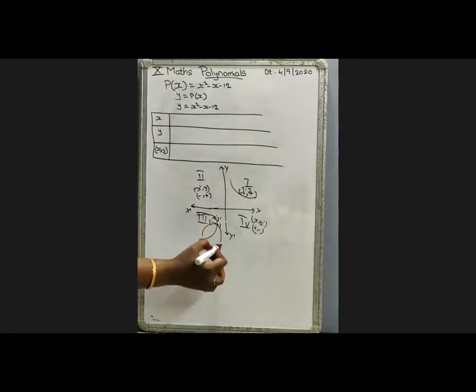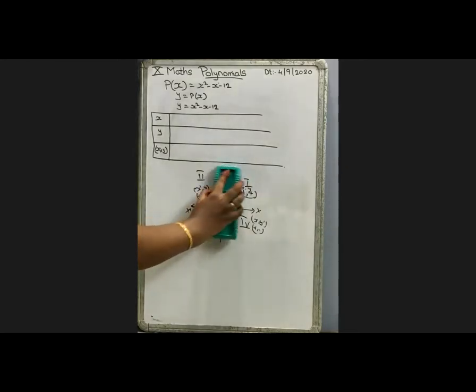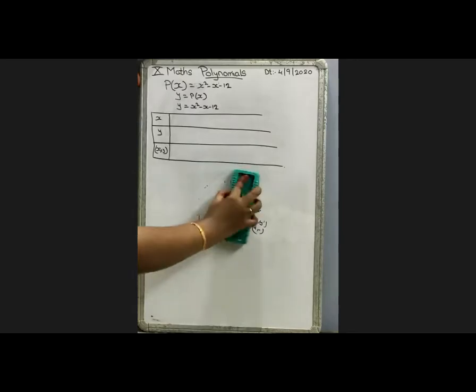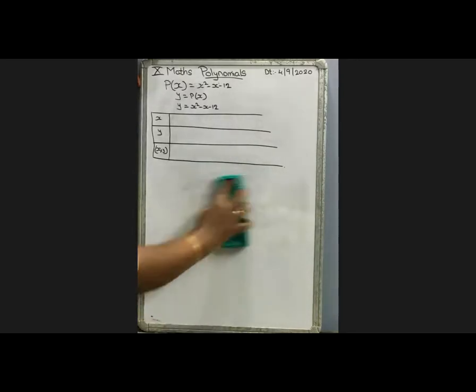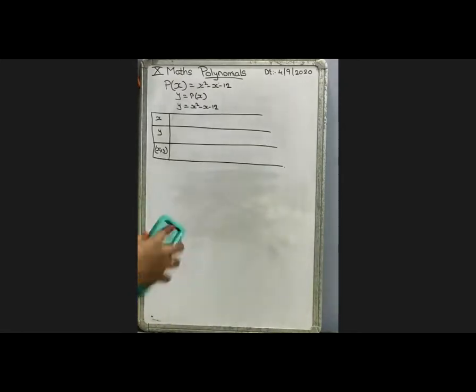So what is meant by graph is that we have to touch the negative and positive values. So we have to take both positive values and negative values. So now I will take both the positive and negative values.